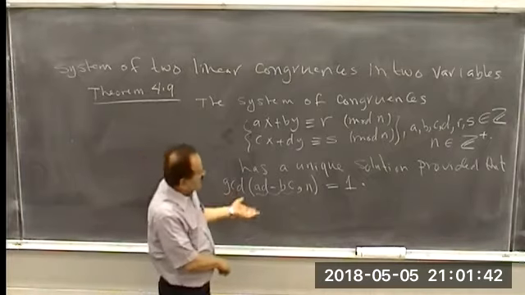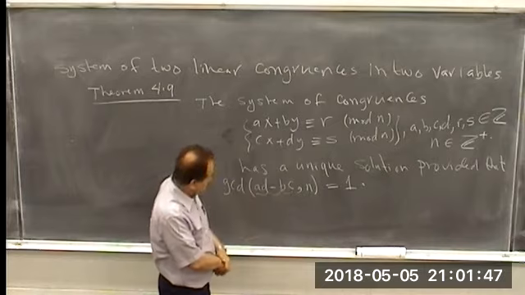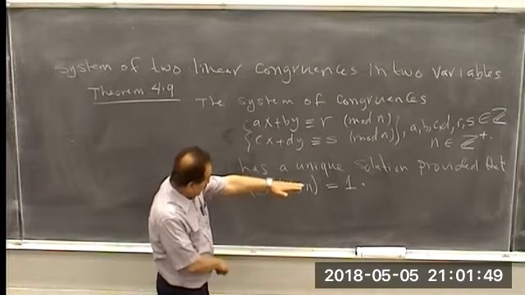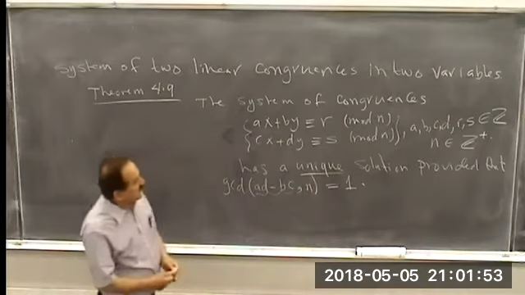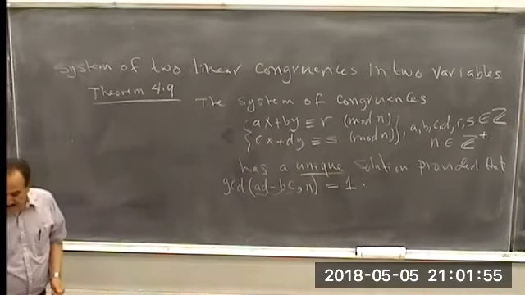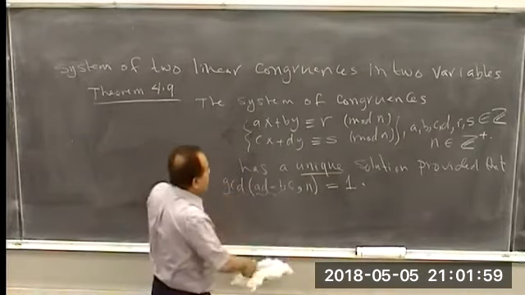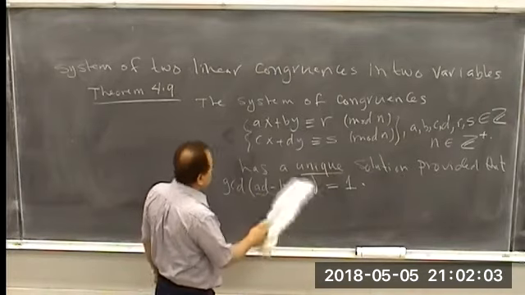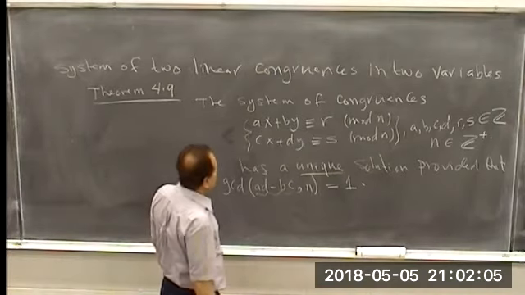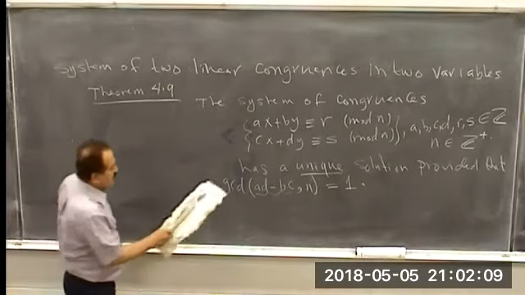So it is reflected in here by requiring that the greatest common divisor equal 1, and this gives us a unique solution. The proof of this is basically doing elimination, eliminating the x or the y. We're going to do the elimination for both variables and come up with a solution.